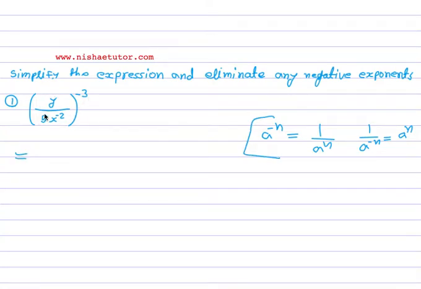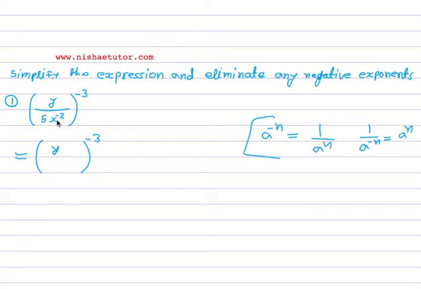Now first solve the parenthesis, and here this is negative power, x to the power minus 2. So we have to convert it into positive power first. Here negative 3, write as it is, first solve the parenthesis. So here y, and here negative power, so it will go upside in the numerator.